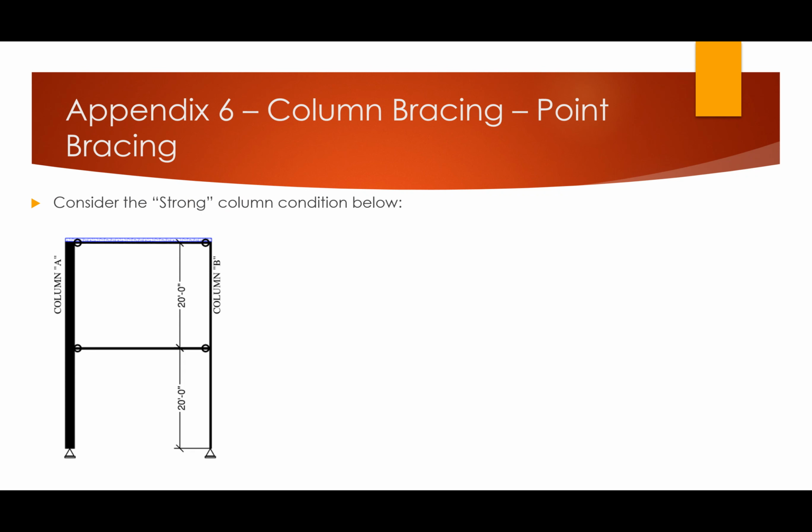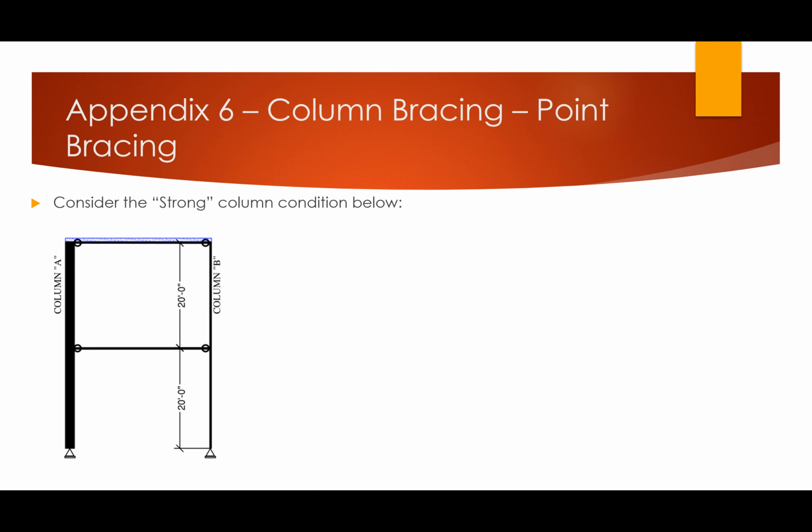So really quick, knowing now what a panel brace is and what a point brace is, let's look at just some really interesting configurations here. Okay, and again, this would be a really good SE question, maybe even a PE question, but consider this frame here. Now, let's just say that column A has sufficient strength to do whatever we ask it to do.